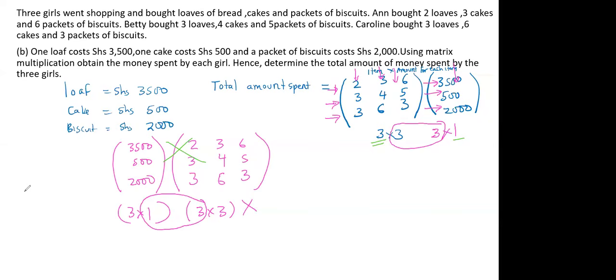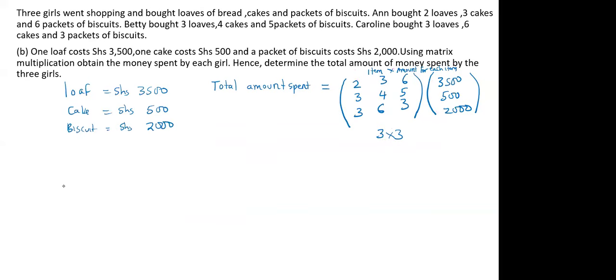Number 2, I want you now to start always reasoning out. Yes, I don't want you to just write things from nowhere. I want you also now to put in the reasoning part. When you look at our table, this was representing loaves. This was representing cakes, I think. This was representing biscuits. When you look at the money, this one is representing the loaf, this one is representing the cake, and this one is representing the biscuits.